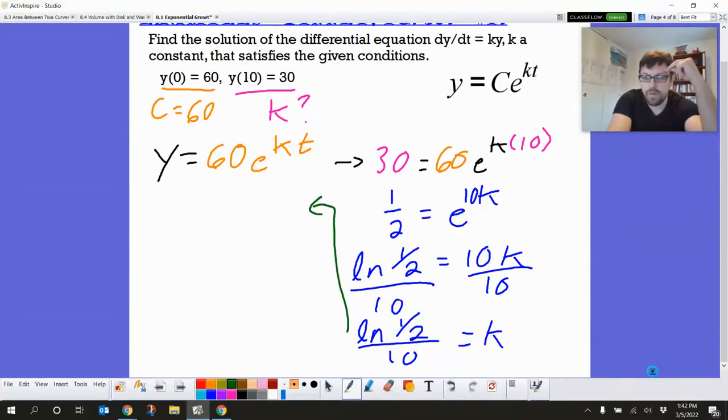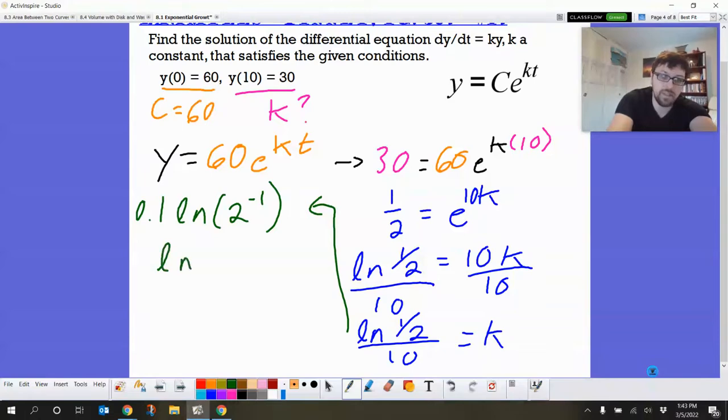So that divide by 10. So divide by 10 is a 0.1. That's a tenth. And then we've got the ln of 1/2. Well, that's a 2 to the -1 exponent. And if you're multiplying in front of a logarithm, you can bring that in as an exponent of the inside.